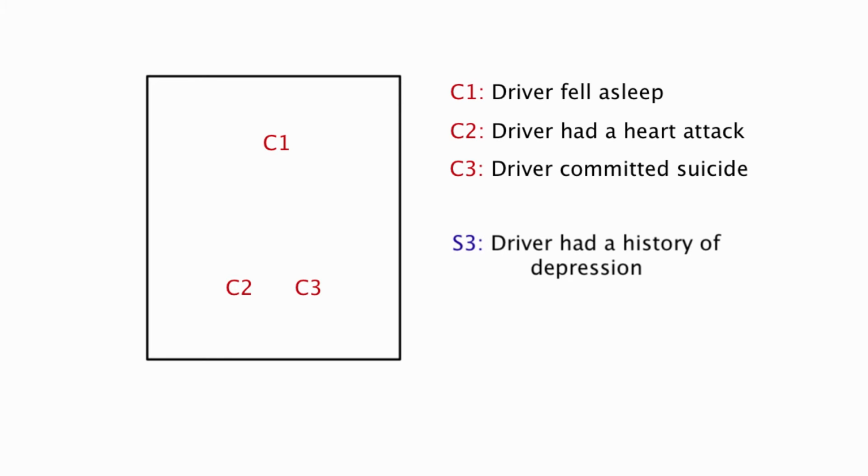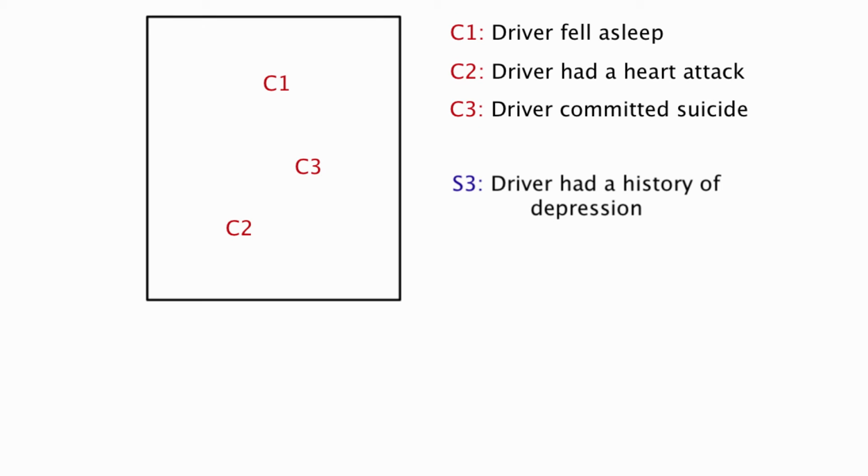Now, in the technical sense, the reason that information is relevant is because it has an impact on our rivals. In particular, it makes the suicide rival a better answer to the IQ, and we would articulate the relevance of this information, call it S3, by describing in precise terms the impact that it has.